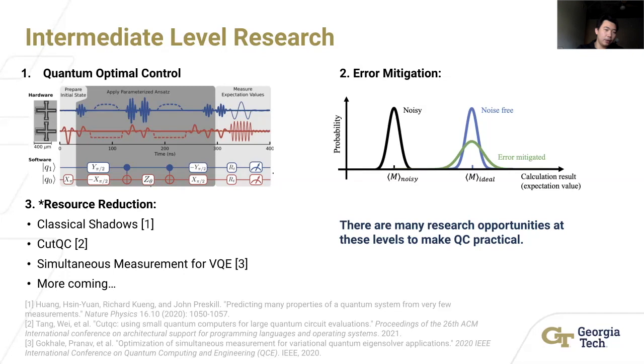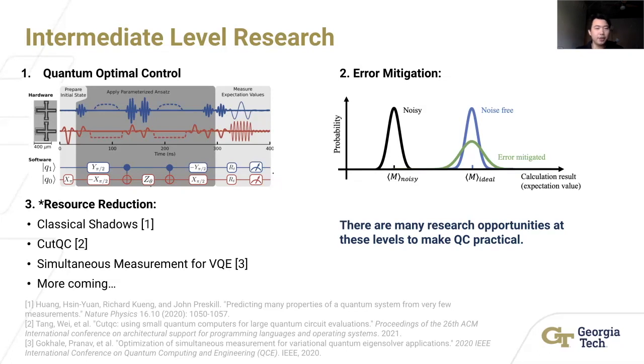Another example would be circuit cutting. This is a paper working on, suppose you have a very large quantum circuit, but you can cut the circuit and run it on two small quantum devices, so that you reduce certain quantum resources.